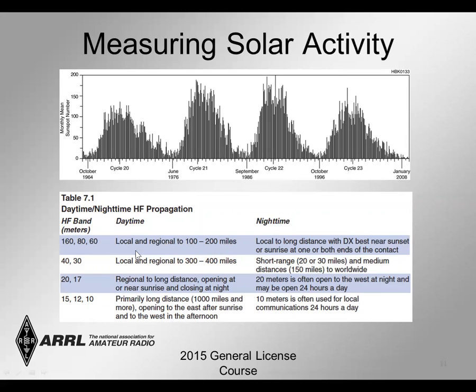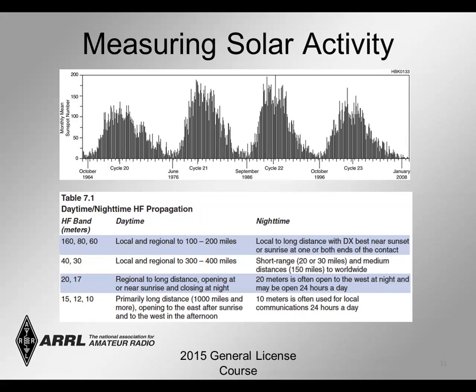And that's one reason, for example, in the emergency communications area with ARES and PEMA, a lot of the nets are held on 80 meters, because for that type of communication you're generally wanting to cover the state and maybe the region around a particular state.